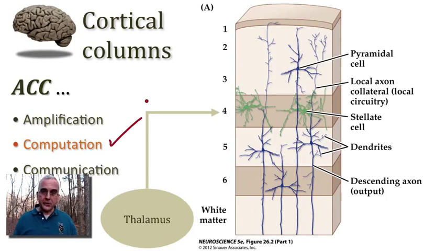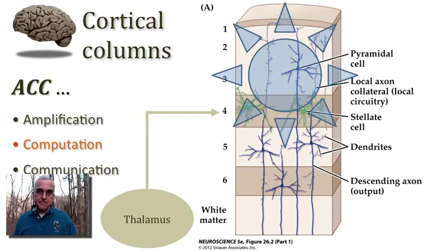You will recall, I trust, what I suggested is an easy way to remember the function of the cortical microcircuitry, the ACC of the cortical column. The A stands for amplification of the thalamic input. The first C stands for computation, that is, the emergence of new functional properties that weren't present in the input signal that is amplified by this cortical circuitry.